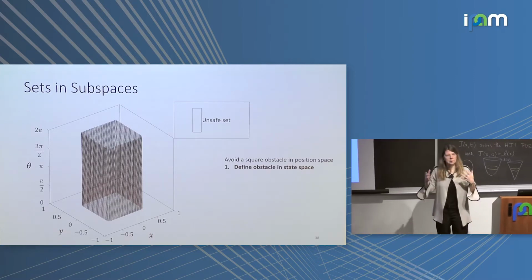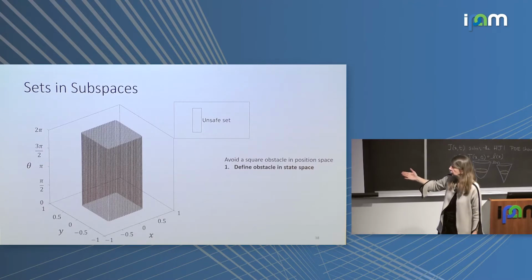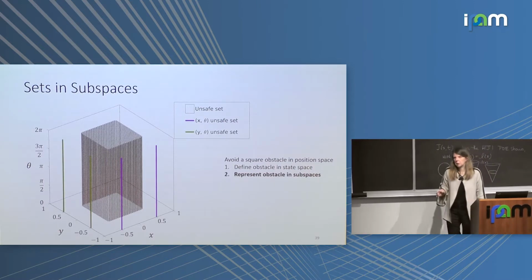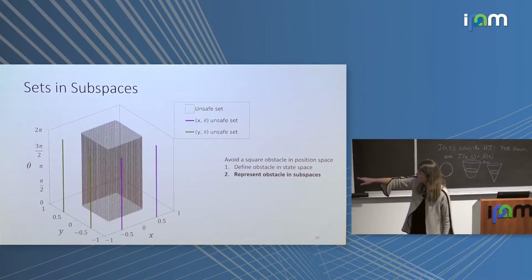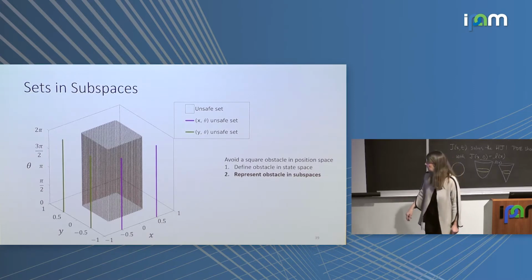And suppose you could define the target, like the initial data. In this case, we've got an obstacle that we'd like to avoid, and I can define it in terms of its projections. Namely, it's the back projection of these two sets in either the x theta space or the y theta space. The pink set is in the x theta space and the green set is in the y theta space.